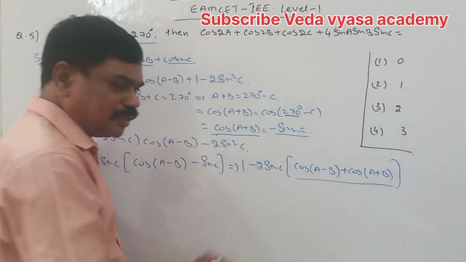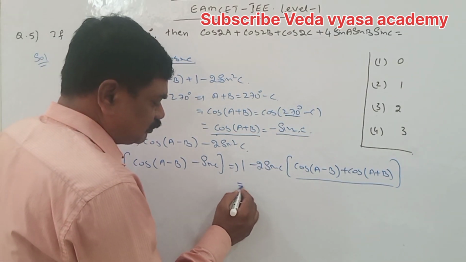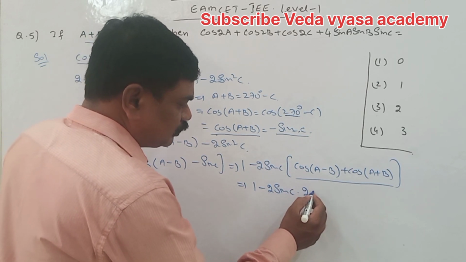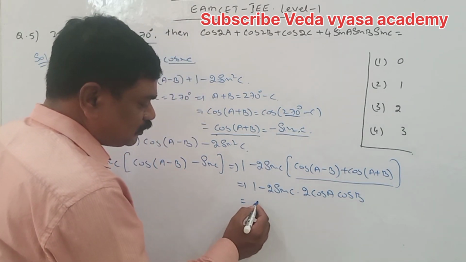Here we have the direct formula: this is 1 minus 2 sin C into 2 cos A cos B.